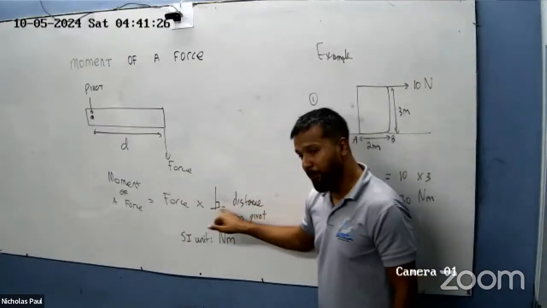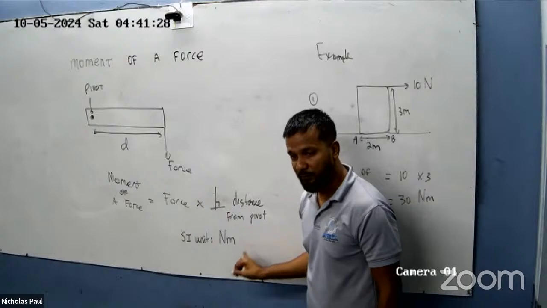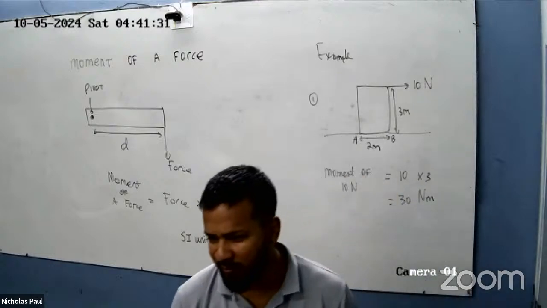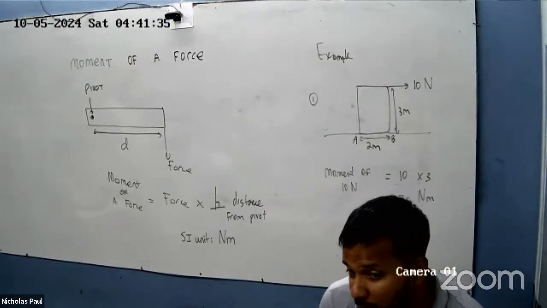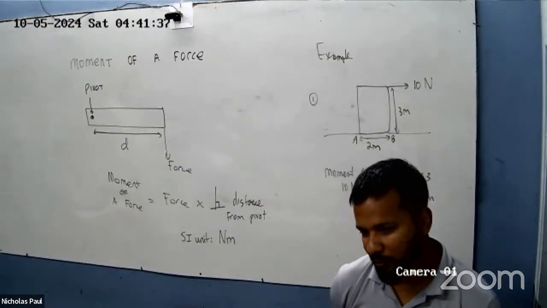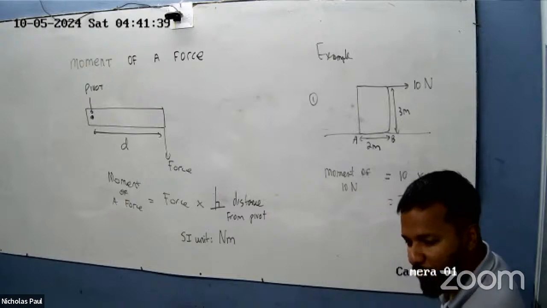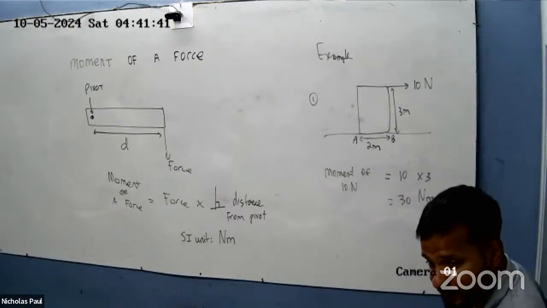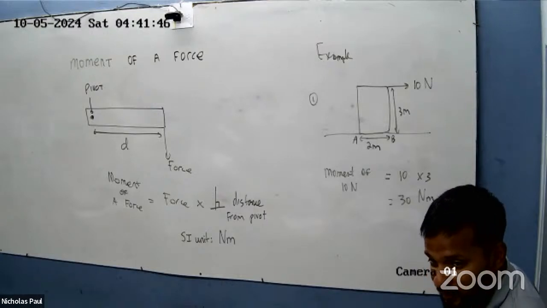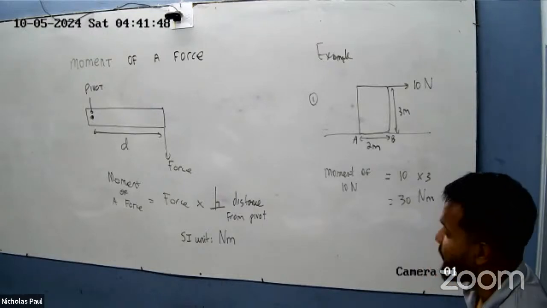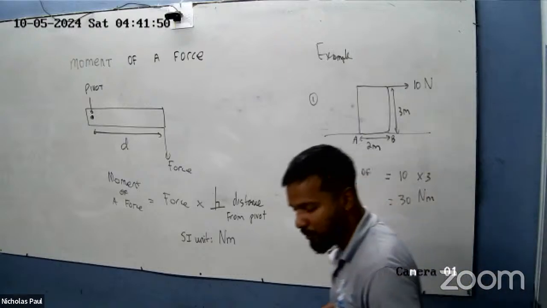You have to write perpendicular distance from pivot. Force by distance is something else. Energy, right?